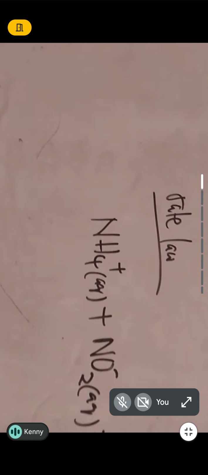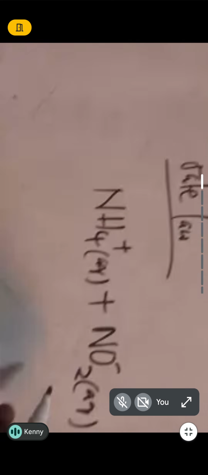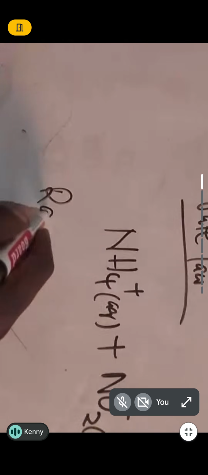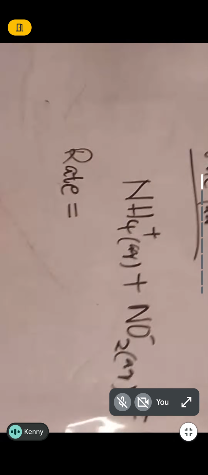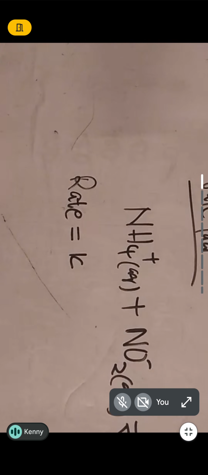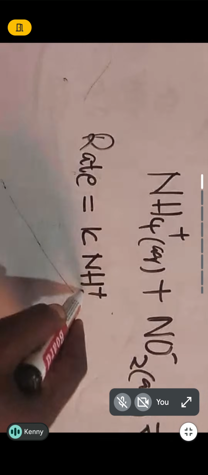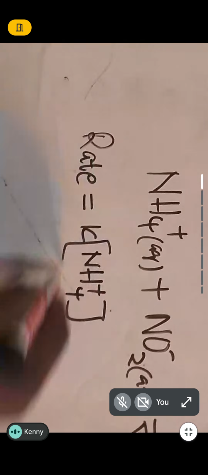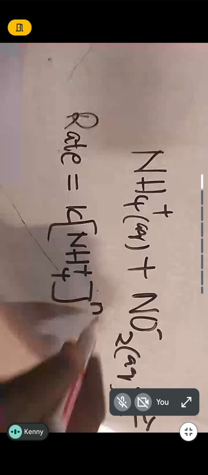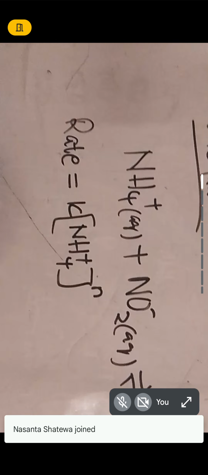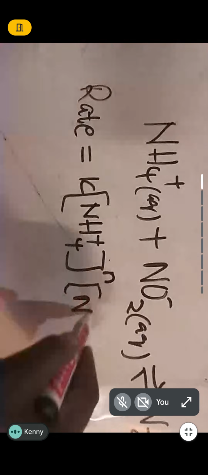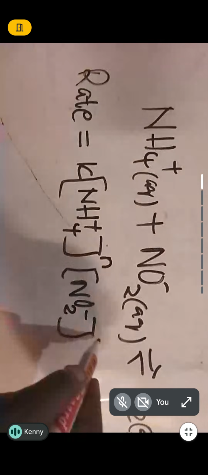So rate is equal to k, the concentration of NH4 plus to the power n, times the concentration of NO2 minus to the power m.